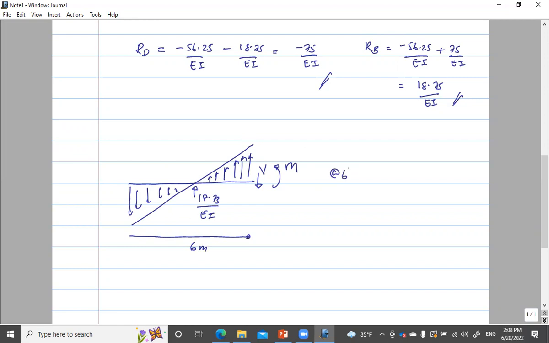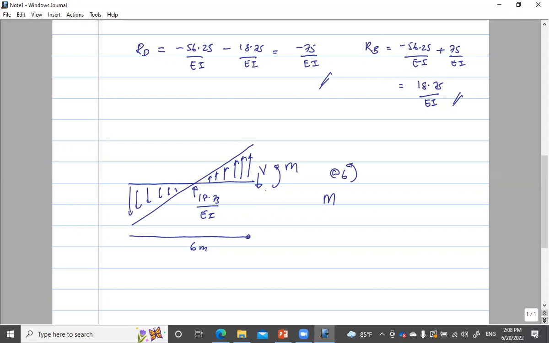So at 6, if I take moment M, I'm taking moment at this point, okay? So M is counterclockwise. When I take moment at that point, the upward load is going to have a clockwise moment, and downward load is going to have a counterclockwise moment.